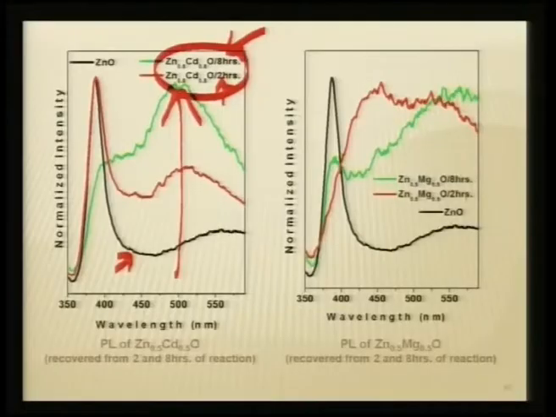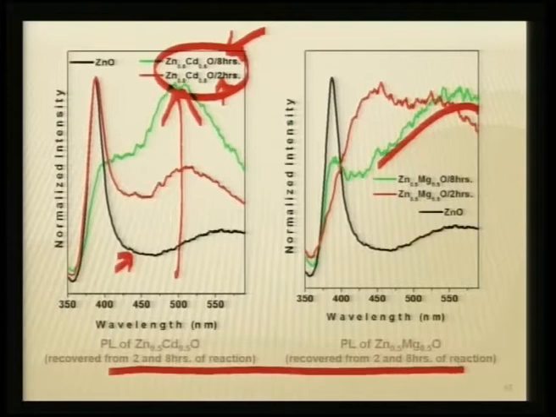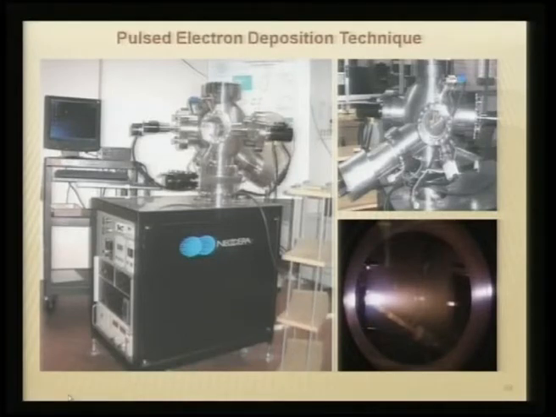The 2 hour synthesis shows more features around 380 nanometer, whereas in the case of 8 hour you see the defect induced emission dominating much more. So it clearly proves the point that a kinetic approach, or the way the zinc oxide grows in this polyol synthesis, is very critical.